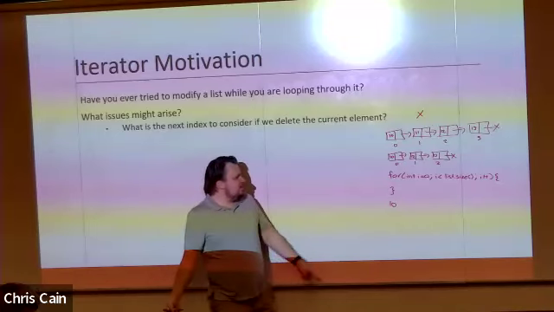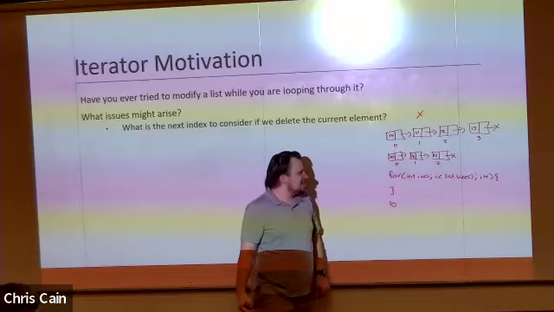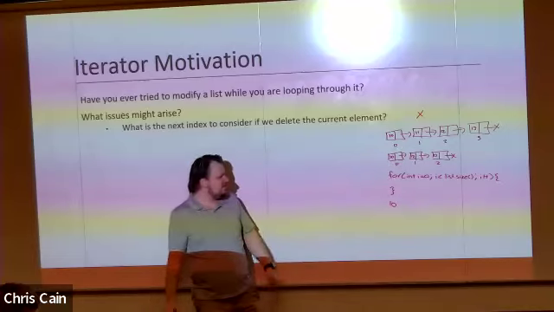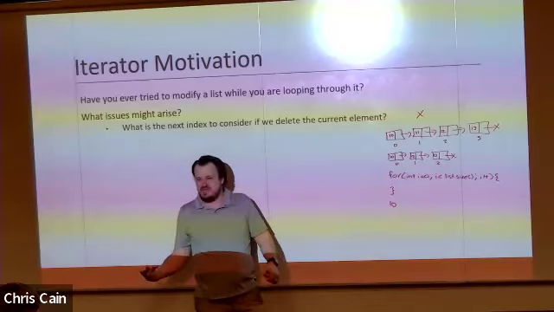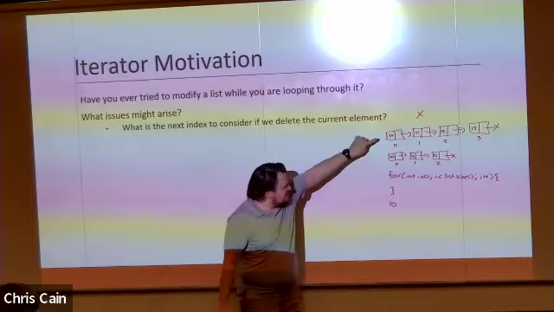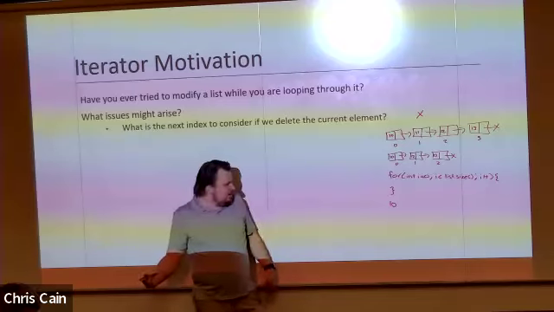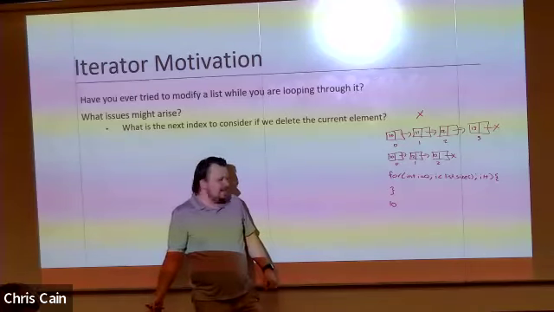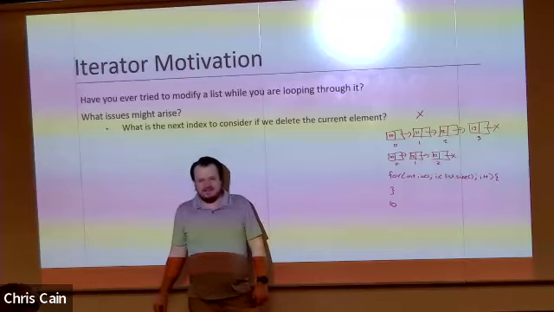Bump up i is now 1, looping around. We can now see at index 1 of this list, we have 11, great. But 11 is what we want to remove. So we're going to go through that process and we're going to convert this to this, which is what our remove does. Great, we handled it. Bumping up i is now 2, looping around. What is the node we're actually looking at?